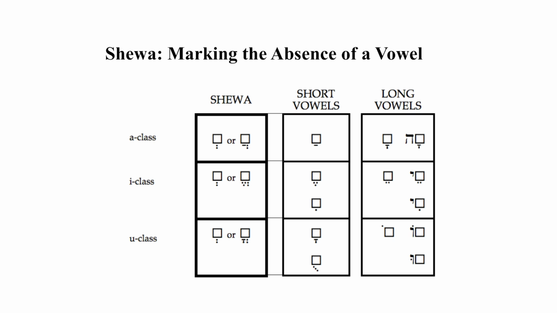So that fills out the full paradigm of the vowel sounds: short vowels, long vowels, and when we need no vowel sound, they will use the schwa symbol to indicate the absence of a vowel in any particular letter.